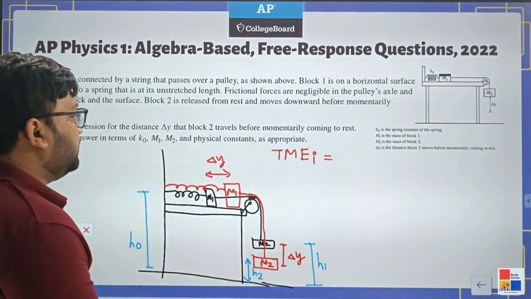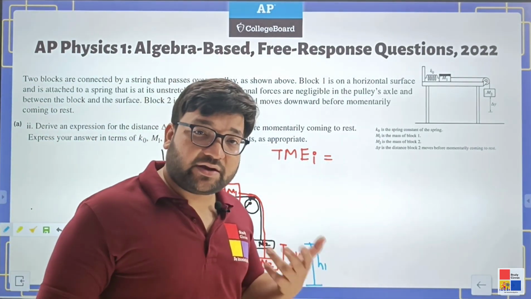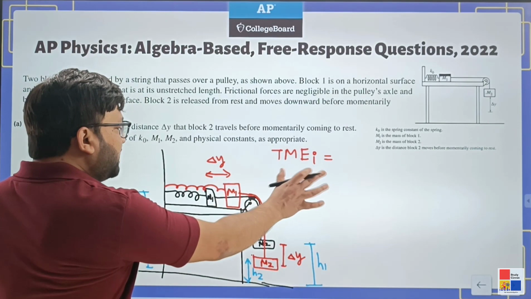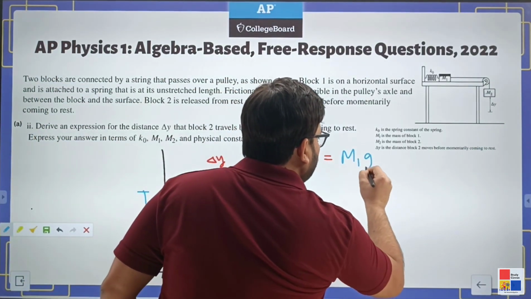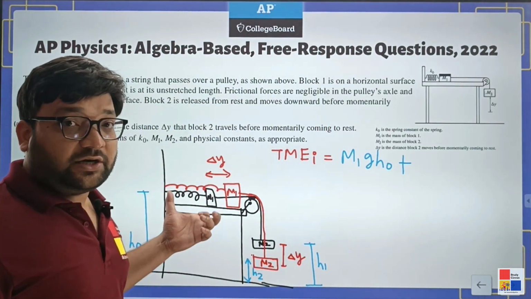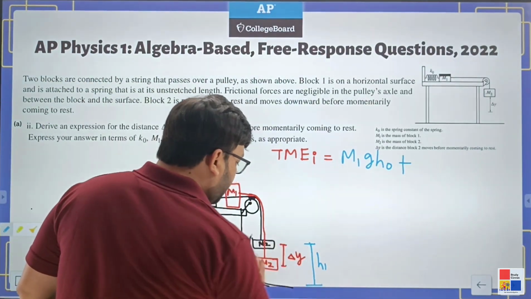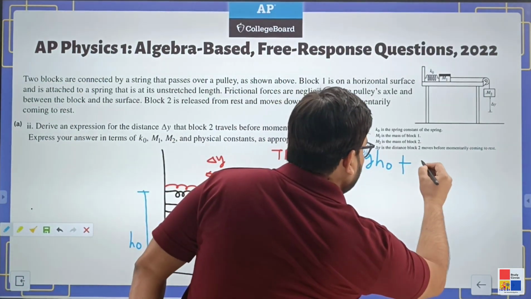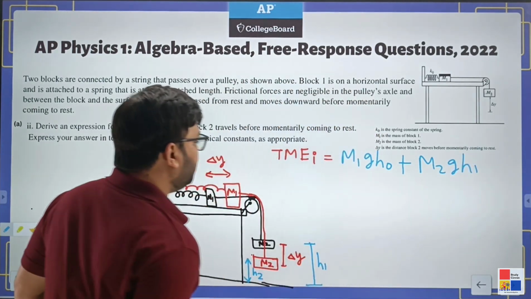So for the initial mechanical energy, nothing was moving initially, so the kinetic energy is 0. So the total mechanical energy for m1 I can write as m1 g h naught, right? Plus the spring is in its natural length, so no potential energy in the spring, right? For mass m2, the potential energy is m2 g h1, right?